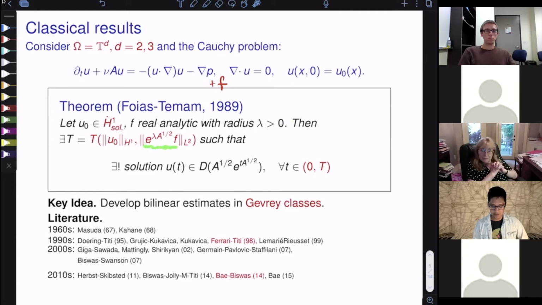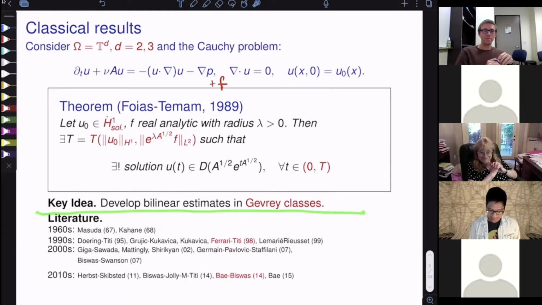This is the Gevrey norm of the force, so it is to be interpreted as e to the power of lambda times the multiplier associated with this operator. Then you have a unique solution that belongs to that class for all t positive. So you instantaneously enter the Gevrey class. I know these results are classical, but I just want to develop some background. So I hope you don't mind.